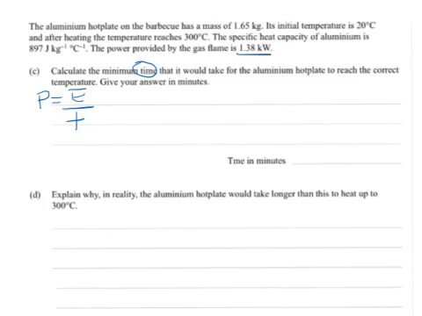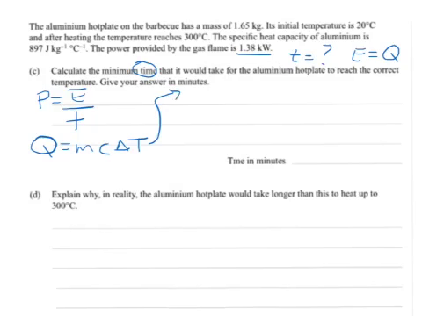So time is our question mark, and we can work out the energy, which is going to be Q, from this equation, Q equals mc change in temperature. Q is the energy that's been contributed to the heating process. So we're going to run the numbers for that. We've got the mass, 1.65 kilograms.